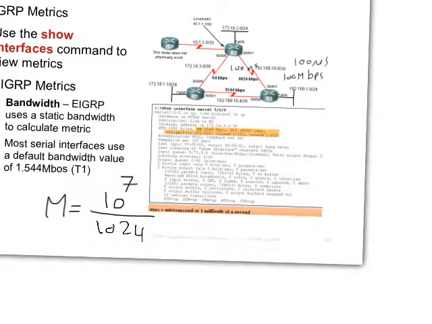The reference bandwidth is fixed. So we divide 10 to the power 7 by the value of the bandwidth in kilobits per second, and then we multiply that by 256. Now bandwidth is done.